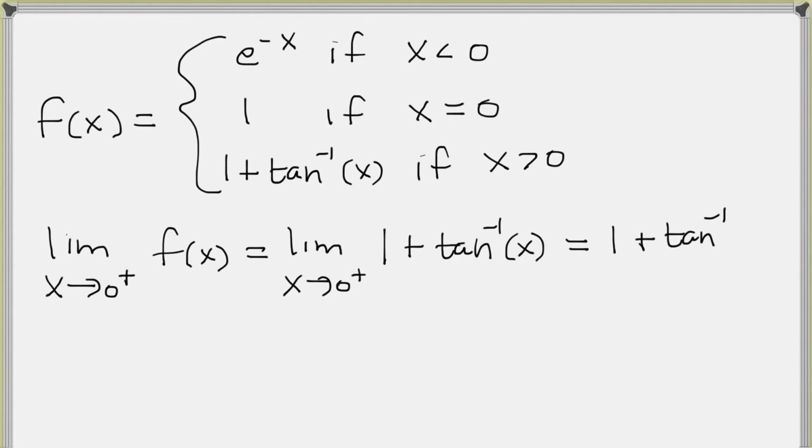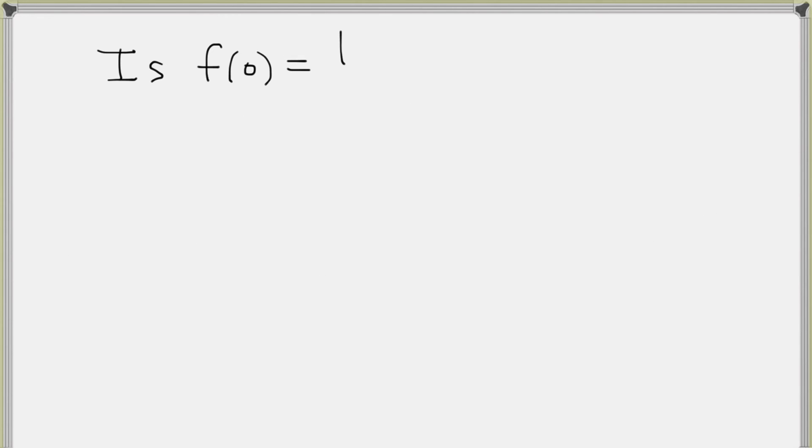That's one of the ones we talked about where you can just evaluate the limit by plugging in, since the inverse tan function is continuous everywhere. The tan inverse of 0 is just 0, so we'd get 0 plus 1, which comes out to be 1. So what that says is that the two-sided limit exists and is equal to 1.